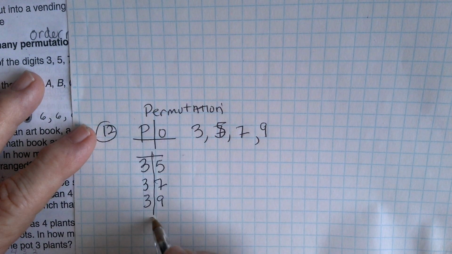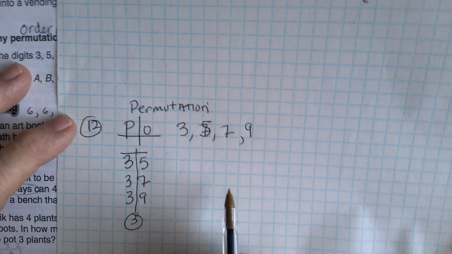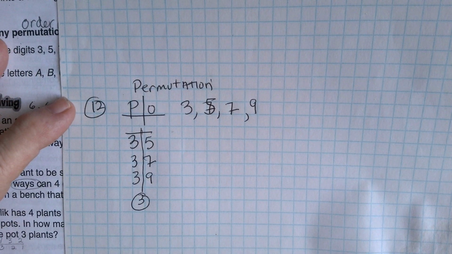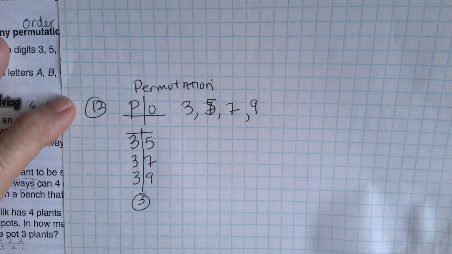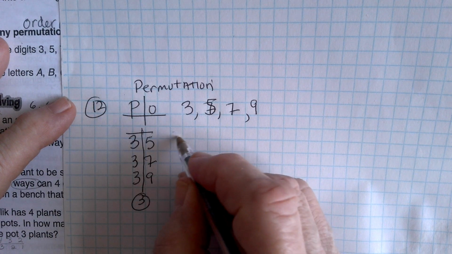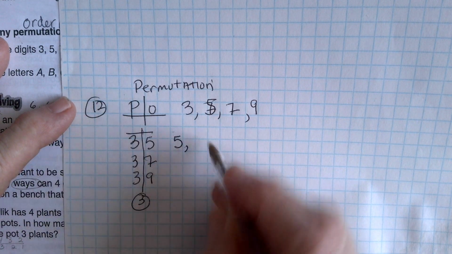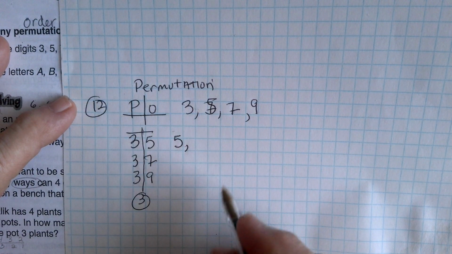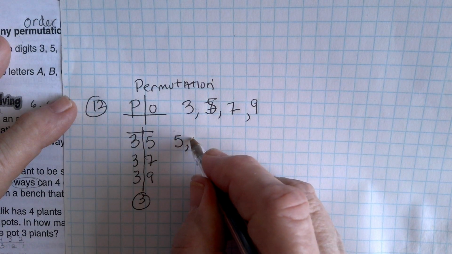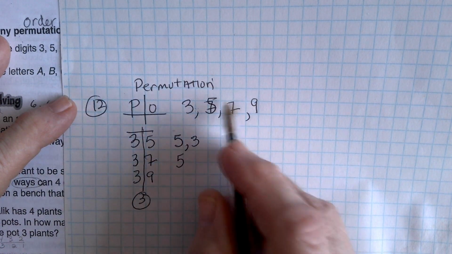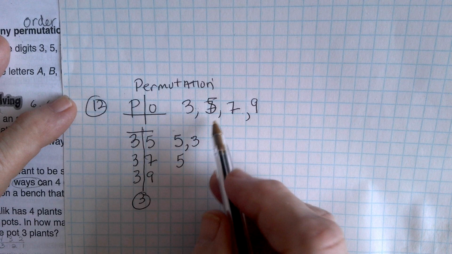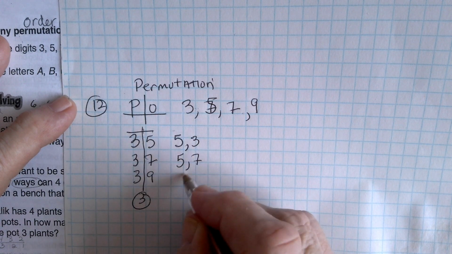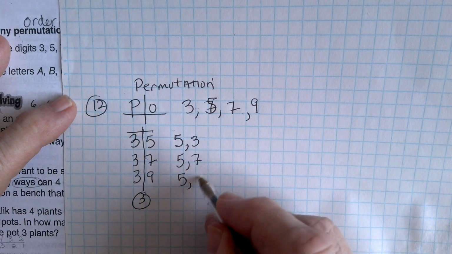Then the next one, then who could possibly be a pitcher the next time? 5. Actually, I can put a comma. 5, and could 3 be the outfielder then? Yes. And then 5 and who? 7. And 5 and who? 9. Okay.